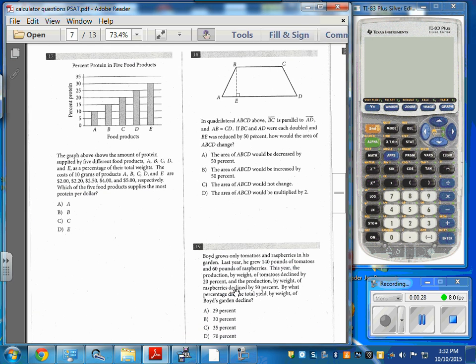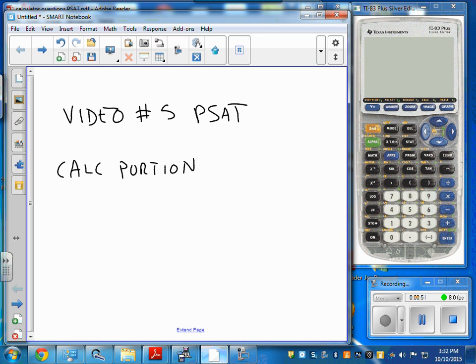And here's the problem. It says the graph above shows the amount of protein supplied by 5 different food products labeled A through E as a percentage of their total weights. The cost is $2, $2.20, $2.50, $4, and $5 respectively. Which of the 5 supplies the most protein per dollar?